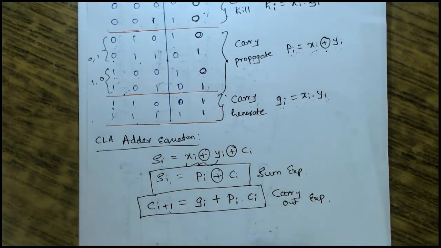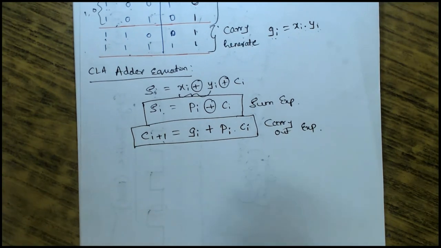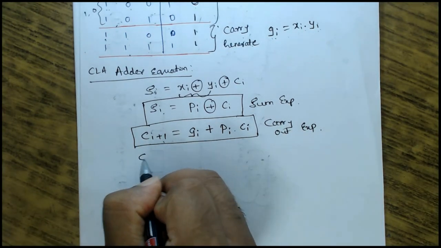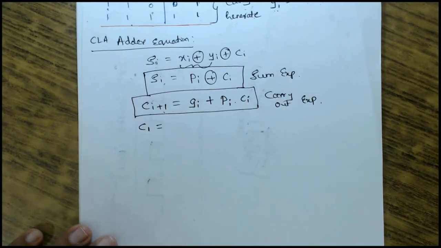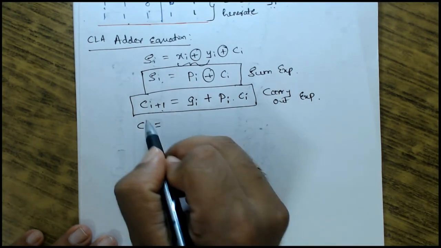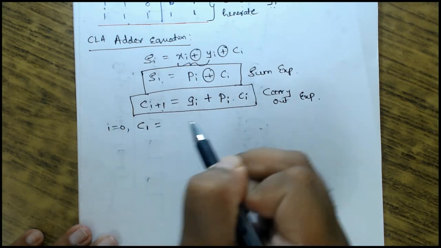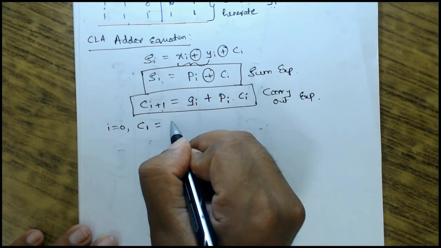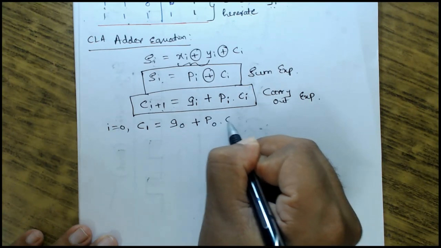Here I take this carry expression and go on deriving it for 4 bits. If I want to generate the carry output of the first stage, what am I supposed to do? I apply this: i plus 1 means i should be set to 0. C1 is equal to G0 plus P0 dot C0.